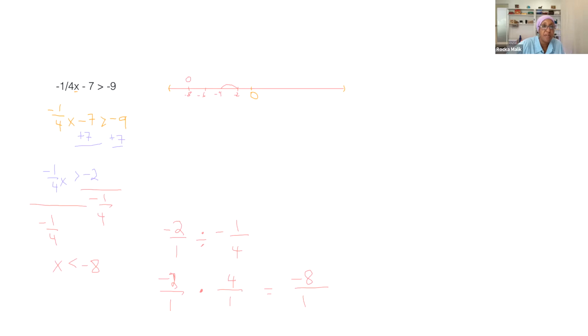So it's open and my line will go to the left because it wants to be smaller than -8. And if it was with the brackets, it would be a bracket like this. Smaller than -8.